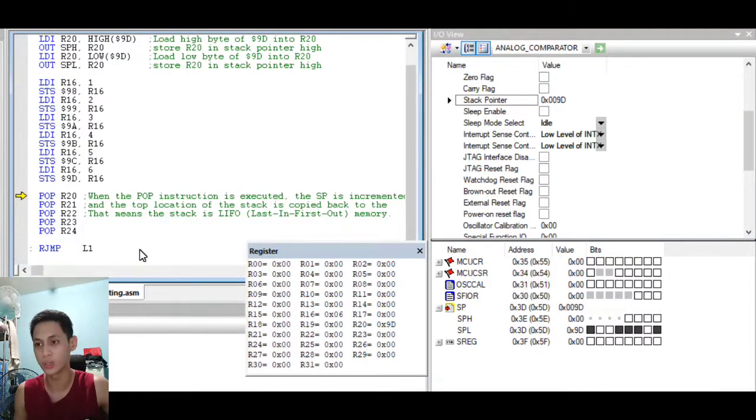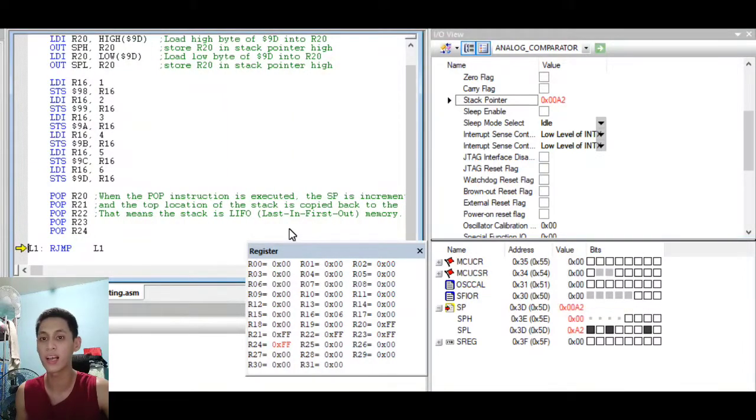So we are going to pop it, and as you can see, this is 9E, and it is increasing, so the next value should be 9F, then A0, A1, and lastly A2.